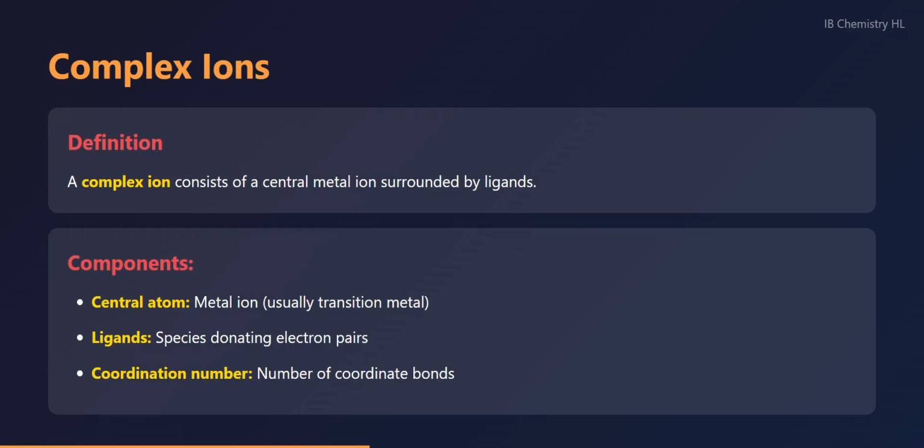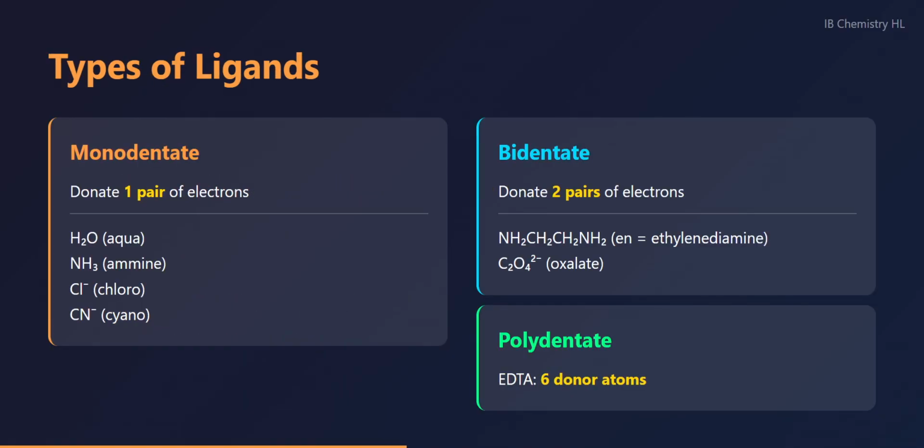A complex ion consists of a central metal ion surrounded by ligands. Ligands are species that donate a pair of electrons to the metal ion. They can be classified based on the number of donor atoms. Monodentate ligands donate one pair of electrons. Examples include water, ammonia, chloride, and cyanide ions.